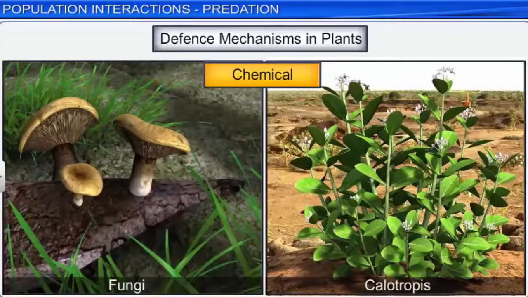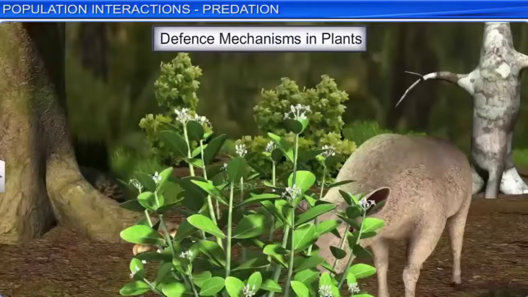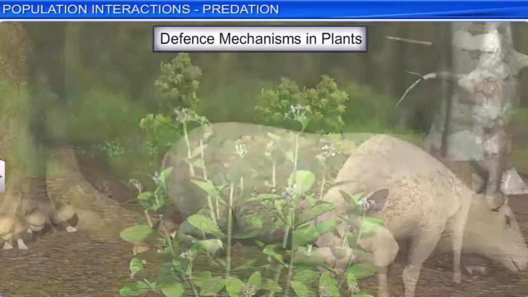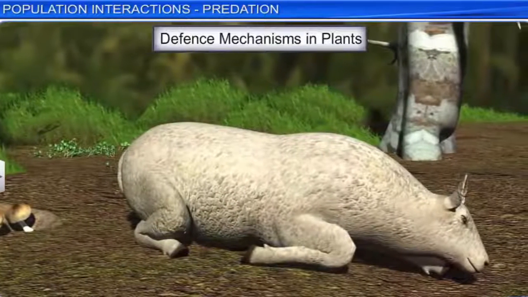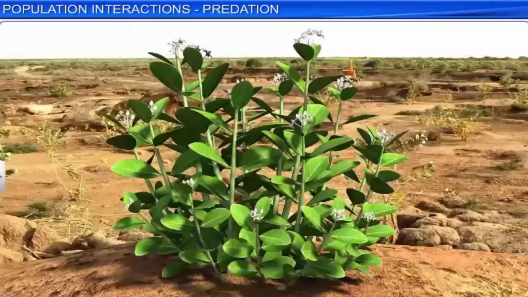These chemicals make the herbivore sick, inhibiting its digestion, impacting its reproduction, and sometimes may even kill the predator. In fact, the Calotropis plant produces a highly poisonous cardiac glycoside, which is why animals don't consume this plant.